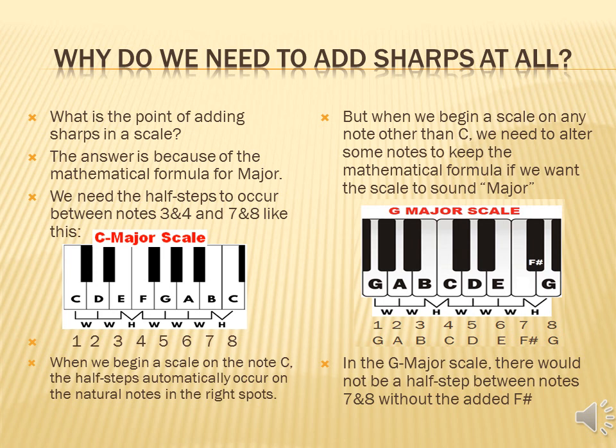In the G major scale, there would not be a half step between notes 7 and 8 without the added F sharp, and it would sound like this. So as you can see, we need that F sharp to make that half step between 7 and 8.